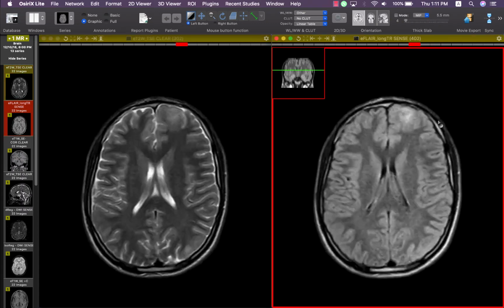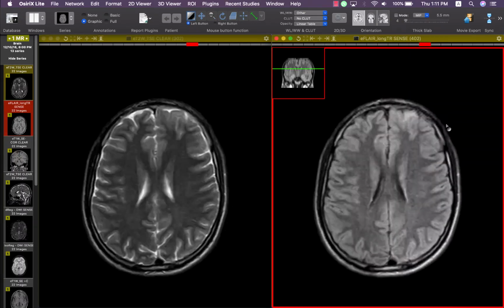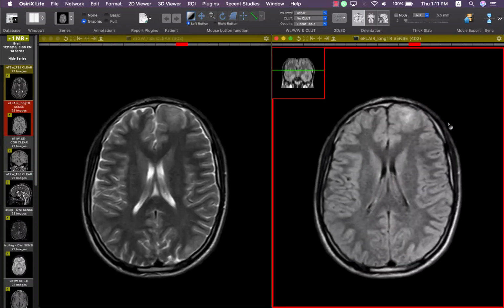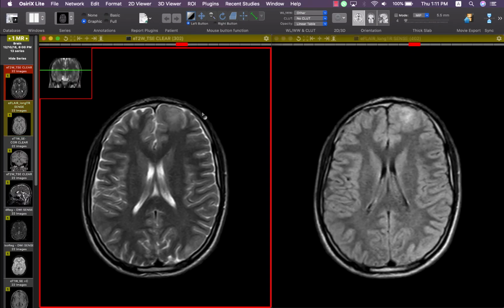This area of cortical and subcortical abnormality exhibits high FLAIR and high T2 signal, and is also associated with an ill definition of the gray-white matter interface. So in such a location, in the presence of a clinical history of epilepsy, we should consider focal cortical dysplasia.